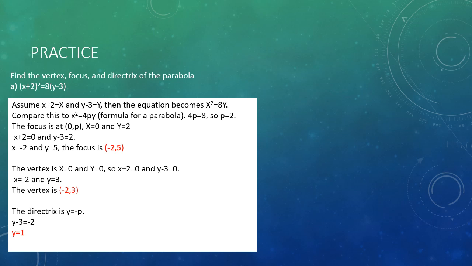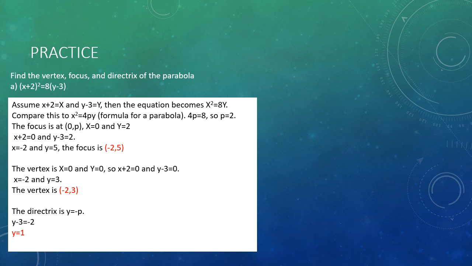Now we can solve for the directrix, which, using the equation, is Y equals negative p. So we already solved for p, and we know that Y is actually equal to y minus 3. So then if we input it in, y minus 3 equals negative 2, and then the directrix will be y equals 1.